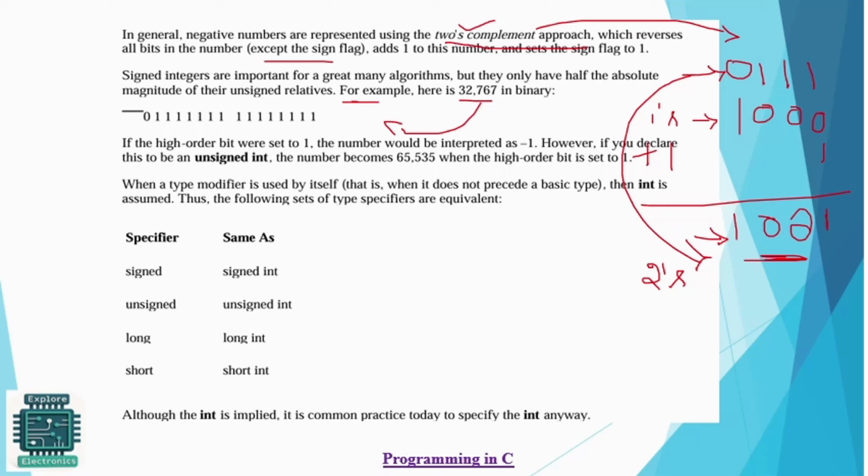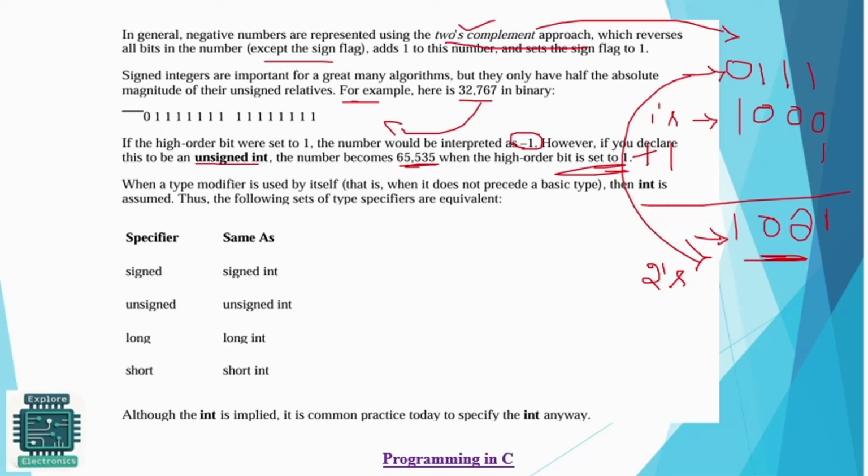If the higher order bit was set to 1, the number would be interpreted as -1. Okay, that is indicating a negative number. However, if you declare this to be unsigned int, the number becomes 65,535 when the higher order bit is set to 1.